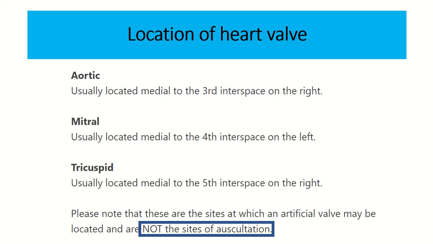So we can see the aortic valve lies in the third intercostal space, mitral valve lies in the fourth intercostal space, and tricuspid valve lies in the fifth intercostal space.